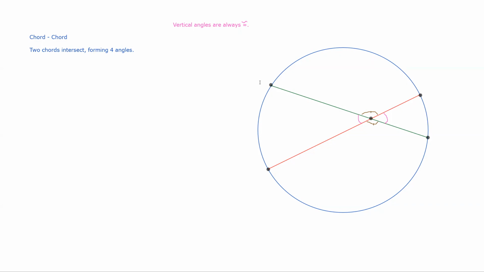So we have point D, point E, point B, point A, and point C. The measure of angle ABC is the average of arc AC and DE.